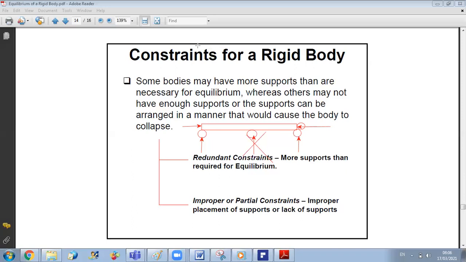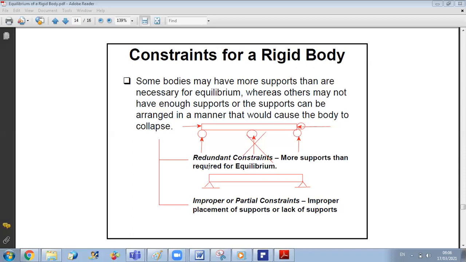Another example, if I put my supports like this, so if I have here a pin and at the other end also a pin, how many reaction unknowns will I have? You know that the pin will develop x and y components.